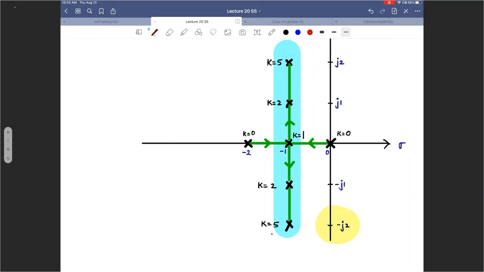For this one, what is the value of s? The x-axis is -1 minus 2j, right? And similarly for this one, the location is s equals -1 plus or minus j, and so on. So that is my second test column, and I'm evaluating that for 1, 2, 3, 4, 5 points.